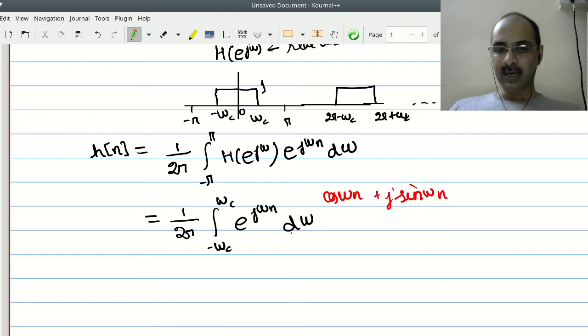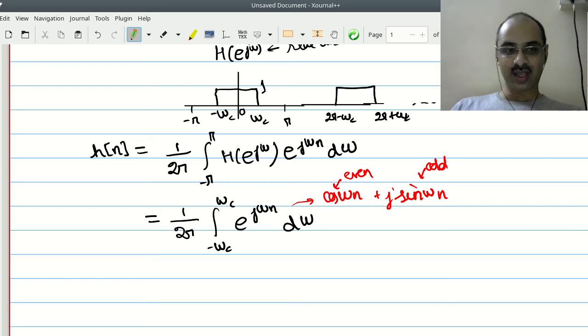Now there are multiple ways of doing this integral, but the easy way is to split it in this manner, because if you do so, you will find that this is an even function of omega, while this is an odd function of omega, and you know that when you integrate between minus a and a, an odd function integrates to 0.